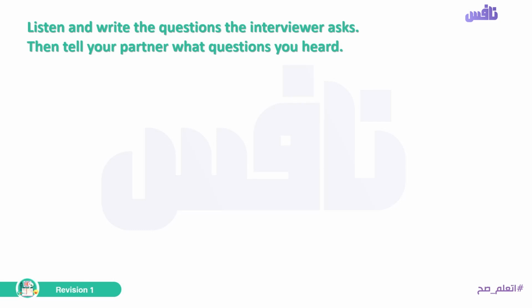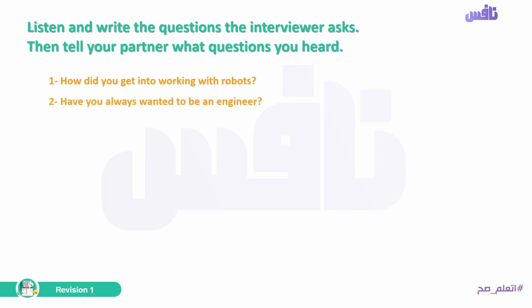Now, dear students, we're going to answer this question. Of course, we're required to write the questions that the interviewer asks. First question: how did you get into working with robots? Question number 2: have you always wanted to be an engineer? Yes, bravo. Question number 3: you studied computer science at university?